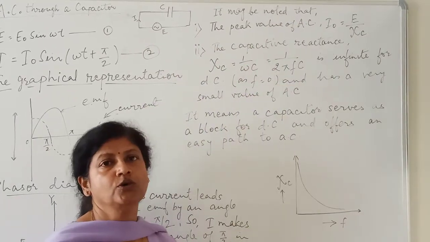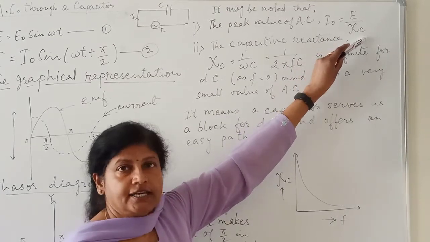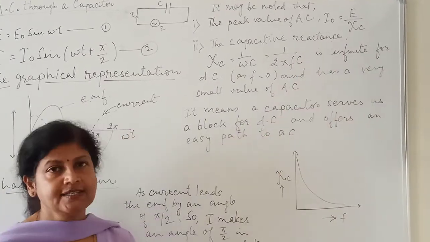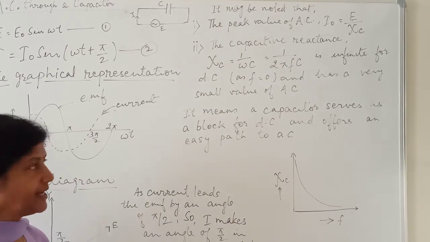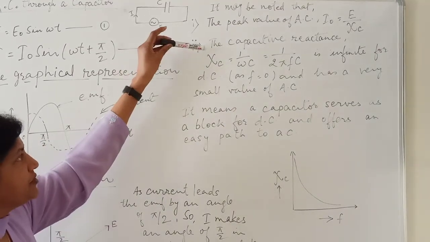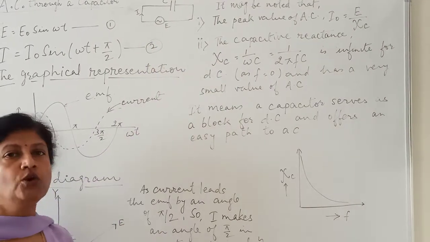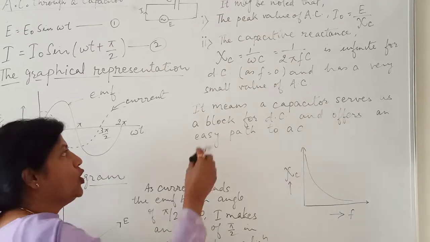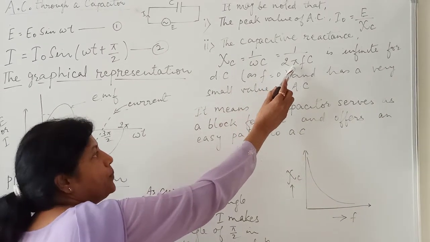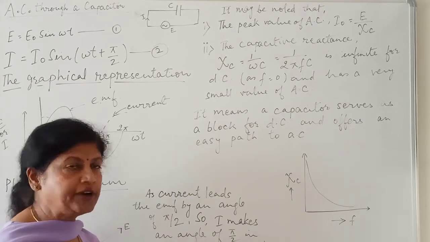It may be noted that first point, the peak value of alternating current I naught is equal to E naught upon X C, which is capacitive reactance, and second point is the capacitive reactance X C is equal to 1 upon omega C, since omega is 2 pi f, 2 pi into frequency.